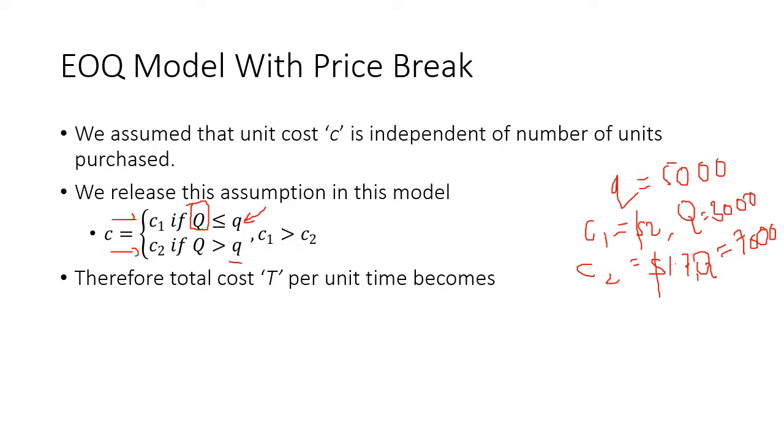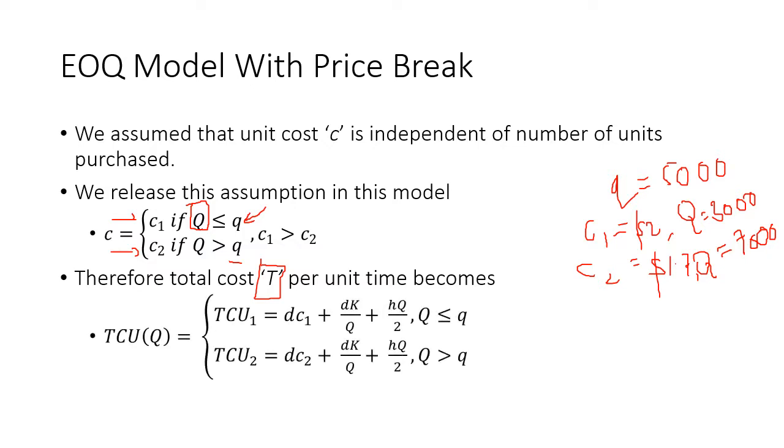As a result of this, there will be two different total costs per unit time. We have already developed the expression for capital T in the basic EOQ model based upon the various costs involved, such as holding cost, ordering cost, and shortage cost for the second model. So this is the resulting mathematical expression. The total cost per unit time will be TCU1 if the unit cost is C1, and the total cost per unit time will be TCU2 if the unit cost is C2.